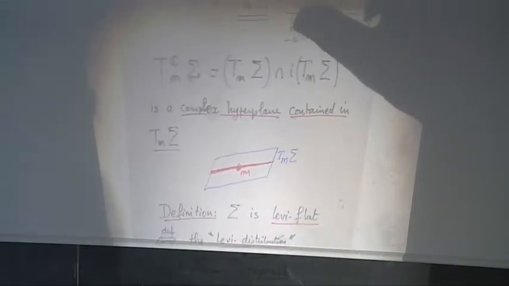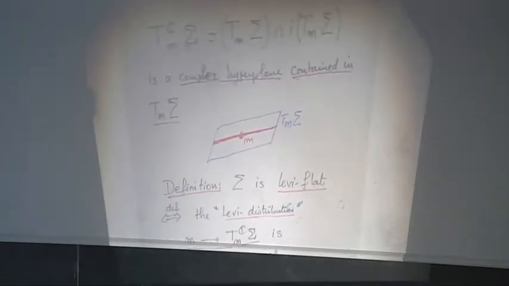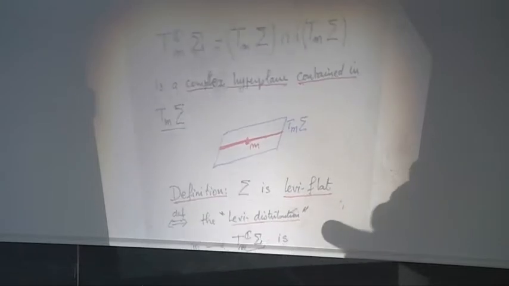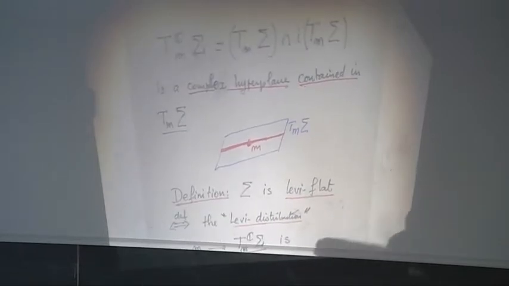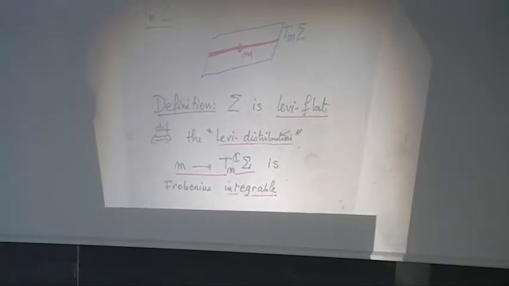So I give a definition now. The definition says that sigma is Levi-flat if the Levi distribution given by the complex tangent space is integrable in the sense of Frobenius, in the sense of foliation. If yes, if you have such a property, then the real manifold sigma is foliated by complex hypersurfaces.